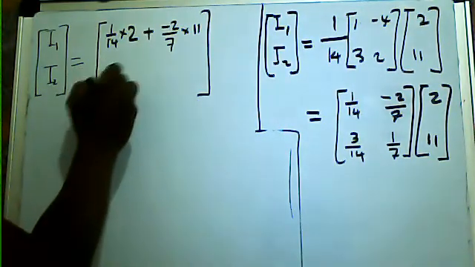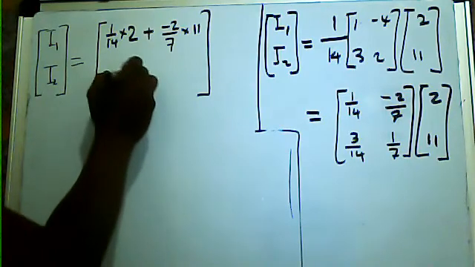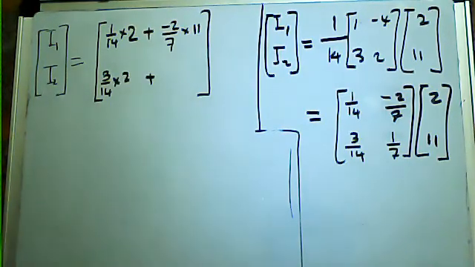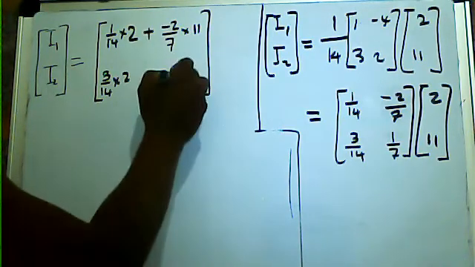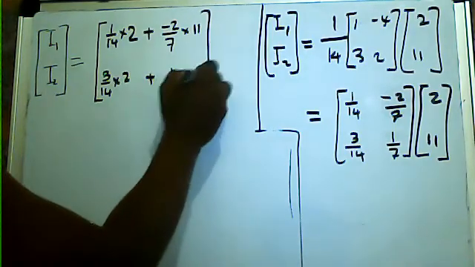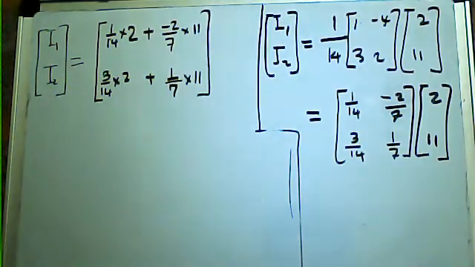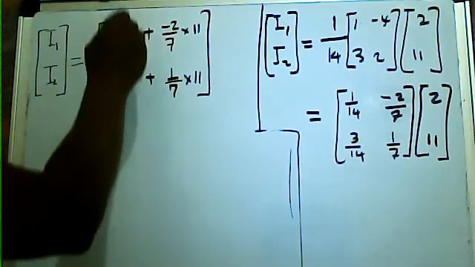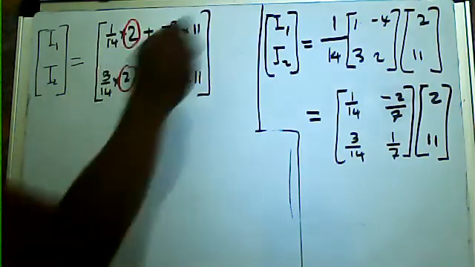Then 3/14 multiplied by 2 plus 1/7 multiplied by 11. So you can see that here there is a 2, even here there is a 2.